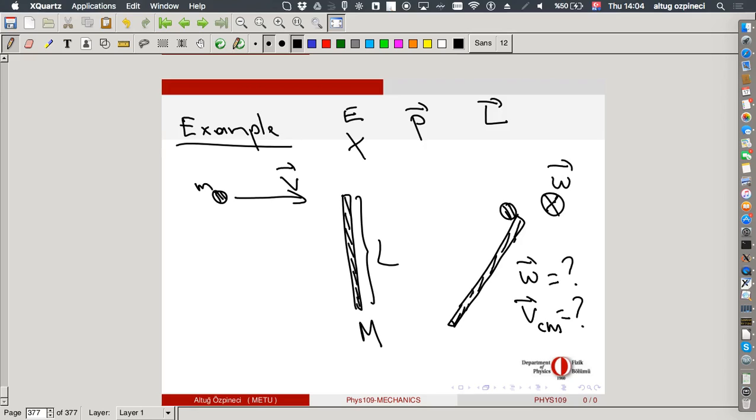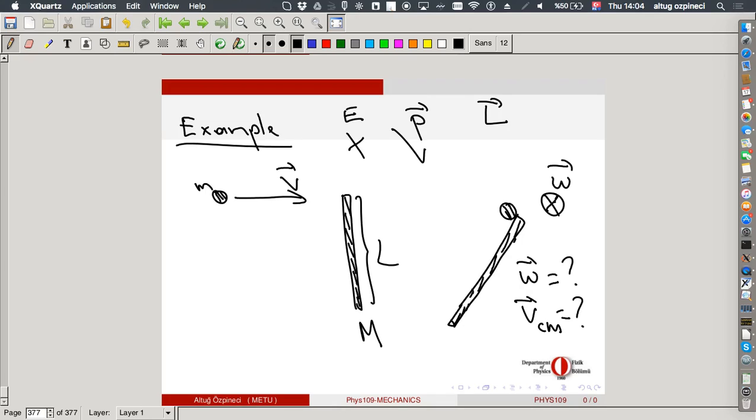The momentum of this rod is not conserved, it changes, because the ball is exerting a force on the rod. Similarly, the rod is exerting a force on this mass, M. But if we consider the whole system, there is no external force. All the forces that we said are internal forces. So the total momentum, the momentum of this mass plus the momentum of the rod, is conserved.